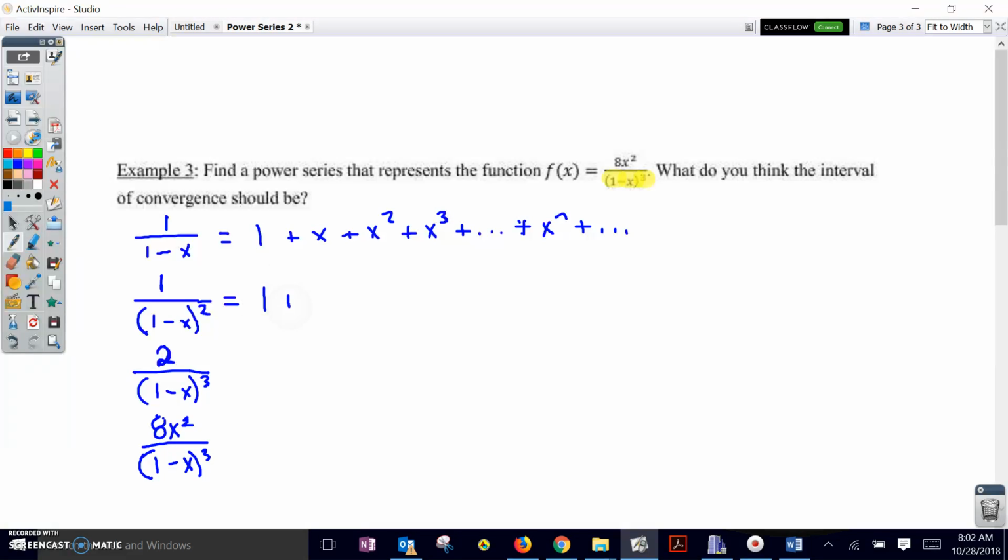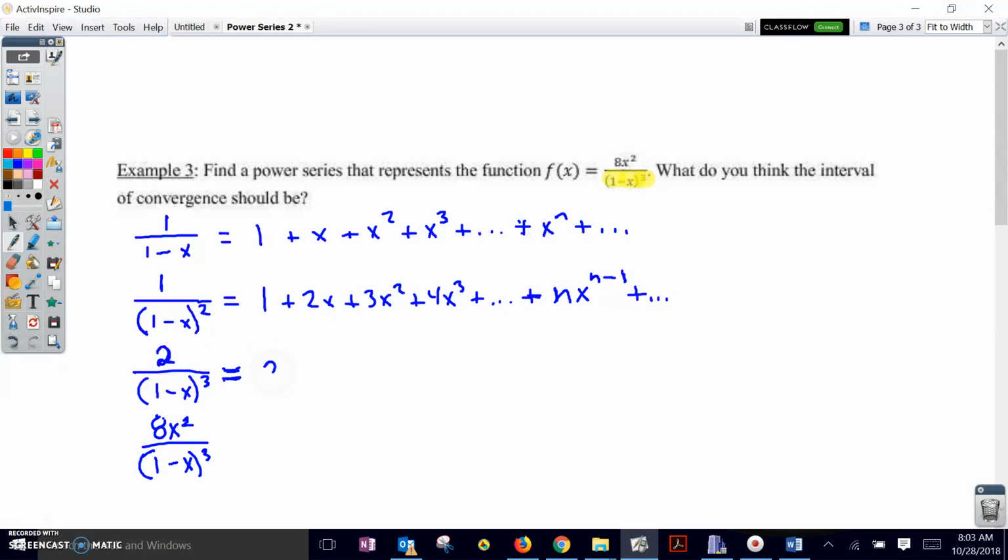So that's going to be 1 plus 2x plus 3x squared plus 4x to the third, up to n times x to the n minus 1 for our general term. And I'm going to readjust my general term after I'm completely finished getting my new series, instead of doing it at each step. And now I take the derivative of that to get the series for 2 over the quantity 1 minus x to the third.